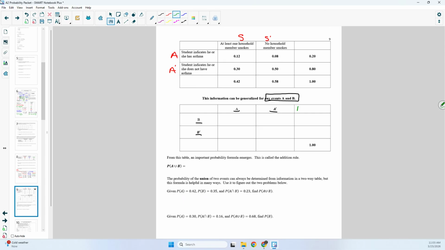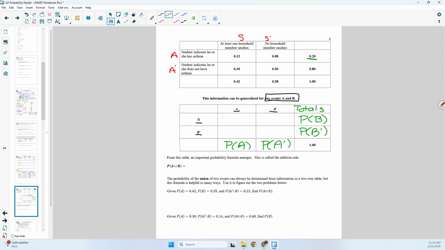The probabilities that we find can be represented in this table. Over here at totals, this is the probability of B. So the probability of whatever that event is, in this case, if the student indicates he or she has asthma, is 20%, and I can look that up. In the same way, this is the probability of not B, this is the probability of not A, and this is the probability of A. When I come into these inner four squares, then I'm finding the probability of an intersection.